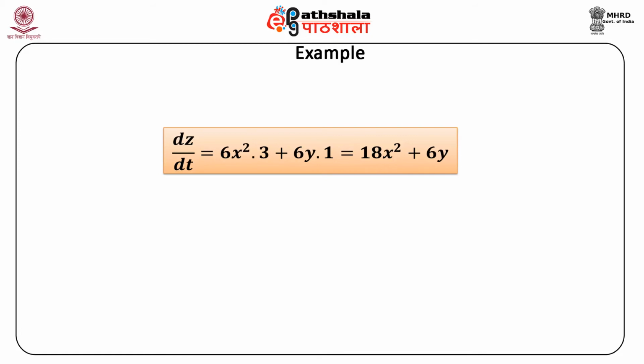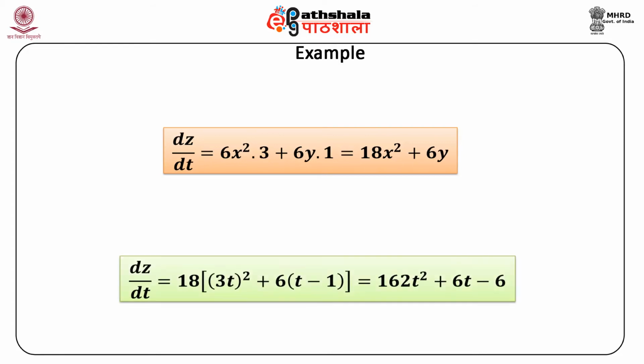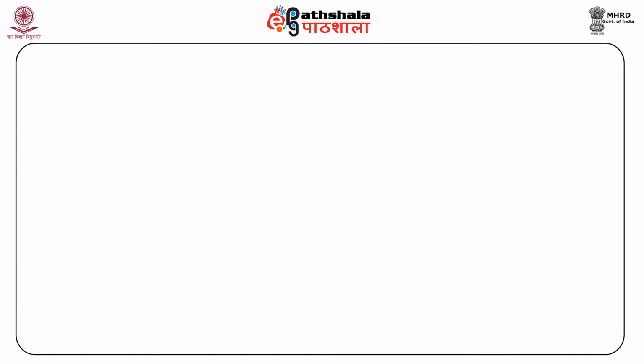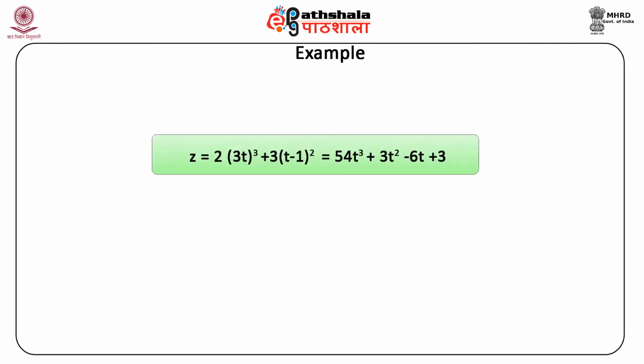Substituting for x and y, this gives dz/dt is equal to 18 into (3t) whole square plus 6 into (t minus 1), which is equal to 162t square plus 6t minus 6. Now find dz/dt by substituting for x and y in the function itself and then finding the ordinary derivative.